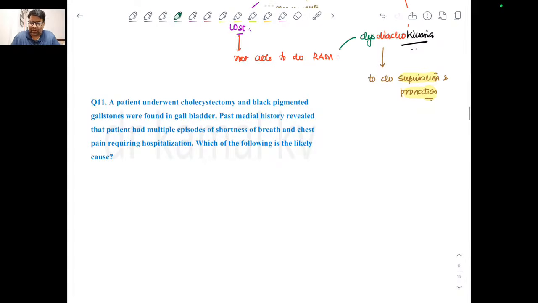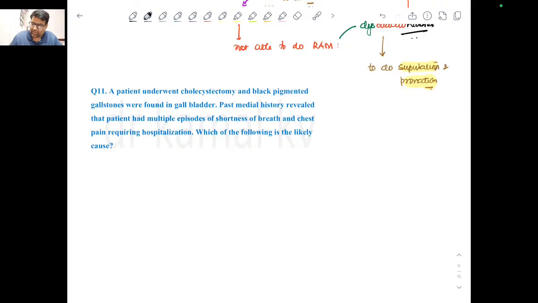Then moving forward to next question, a patient underwent cholecystectomy and black pigmented gallstones were found in gallbladder. Past medical history reveals the patient had multiple episodes of shortness of breath and chest pain, and this required hospitalization. What is the likely cause?